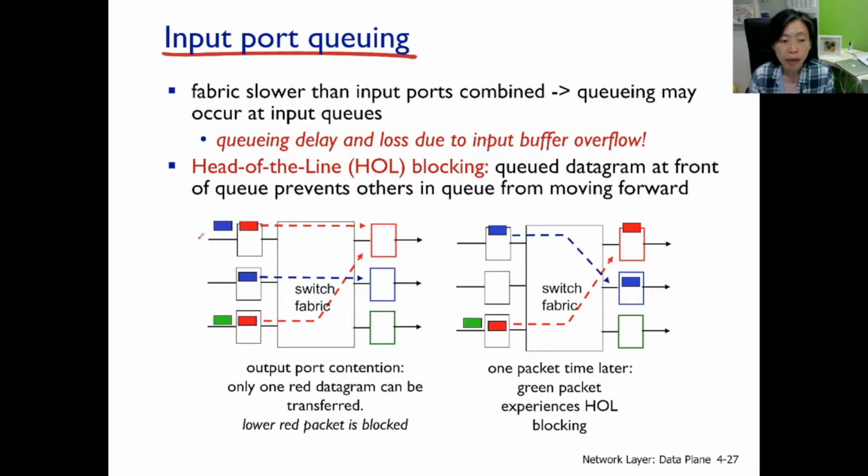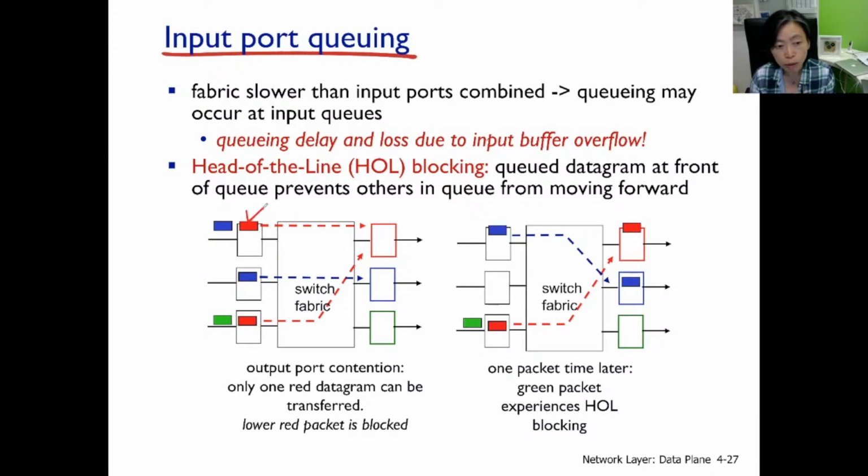Now, the input ports, there are 3 of them. Input port number 1 here has a red packet at the front. Input port 3 here also has a red packet at the front. Now, this is an output port contention based router, so we can only pick one of these to accept into the output port.